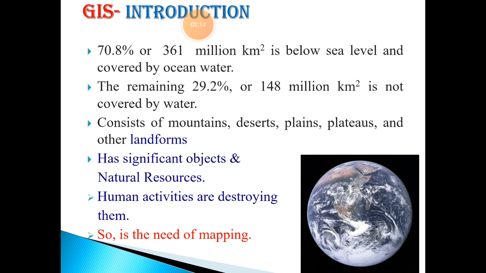But in recent decades, the world population is getting exploded so much that it is using and destroying these natural resources and the significant objects of the earth. Thus, it brings in changes both in the environment as well as the ecosystem that becomes unsuitable for life. So to study these disturbances on the earth, we need geographic mapping. Thus comes the technology of Geographic Information System, or GIS.